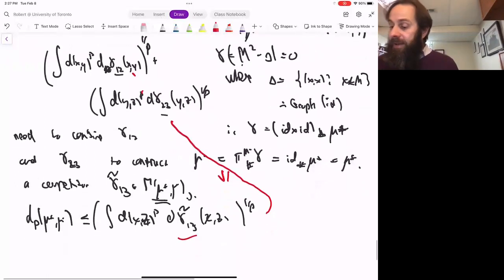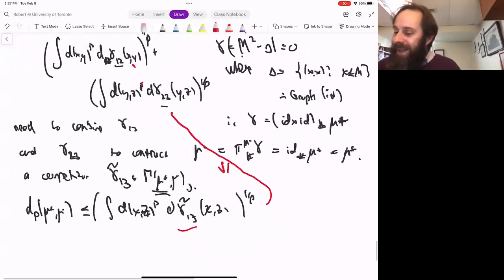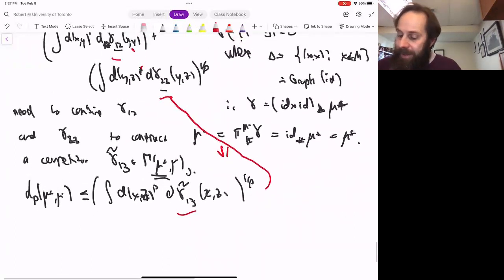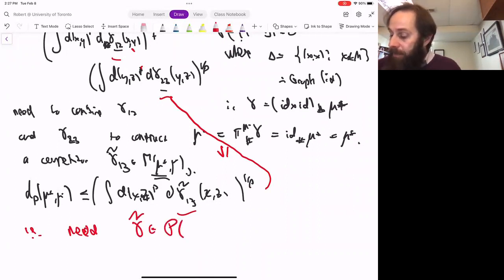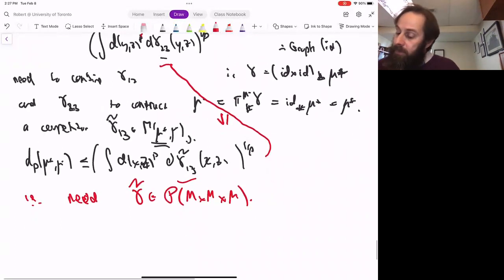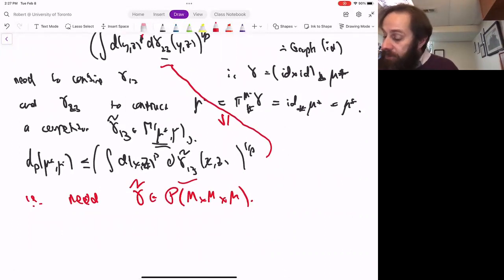And to do that, I need to glue this guy together with that guy. I need a gamma tilde, which is a probability measure on the product of the three spaces, such that the projection onto the first two marginals is gamma 1 2, and the projection onto the last two marginals is gamma 2 3.